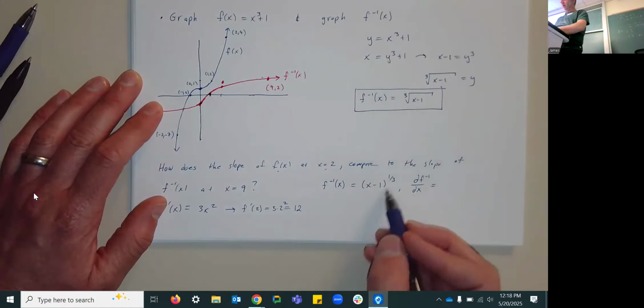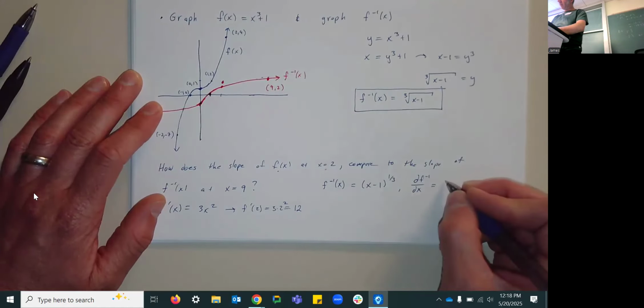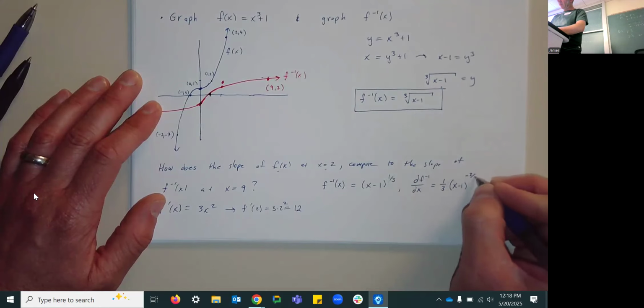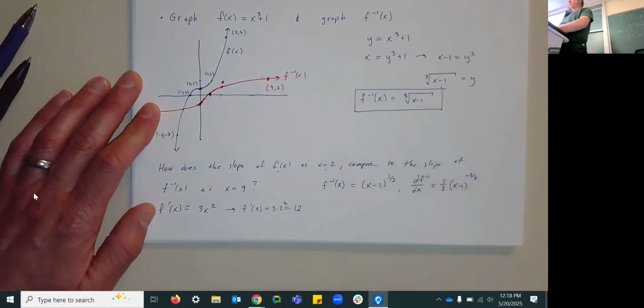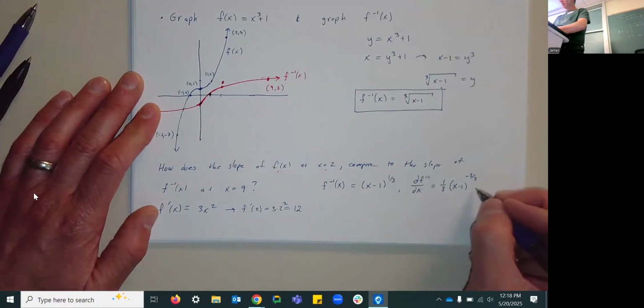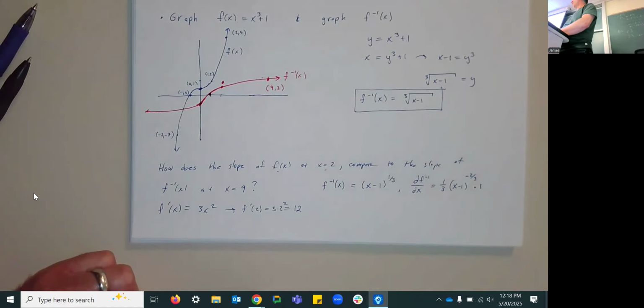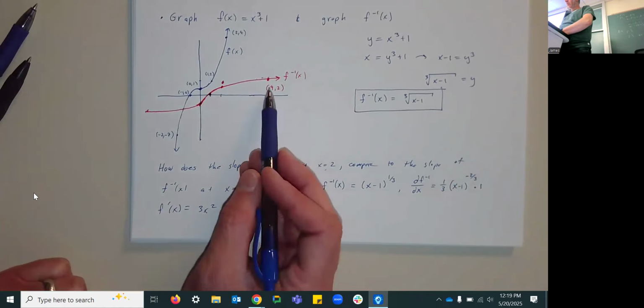So I've got some stuff to the 1/3 power. My derivative is 1/3 times that stuff to the 1/3 minus 1, which is negative 2/3. And then we multiply by the derivative of the inside stuff, which is 1. And now we're going to plug in the point I asked about, x equal to 9.